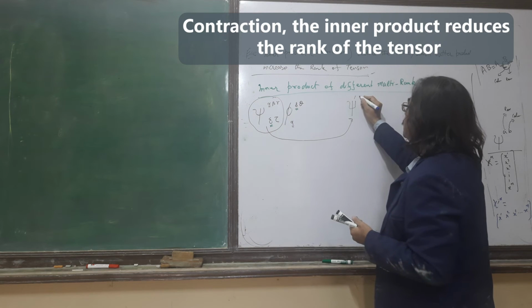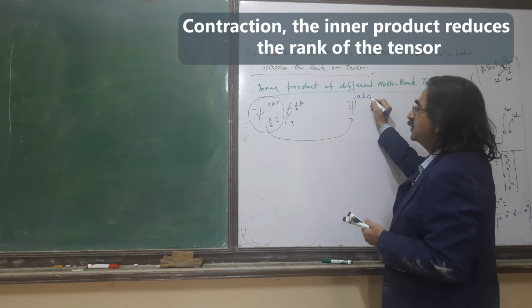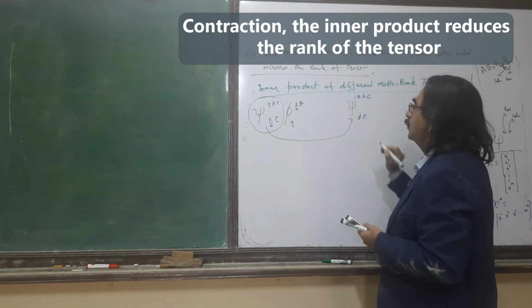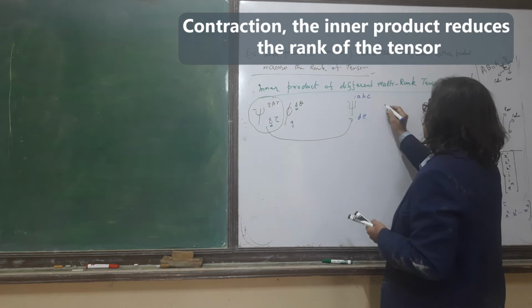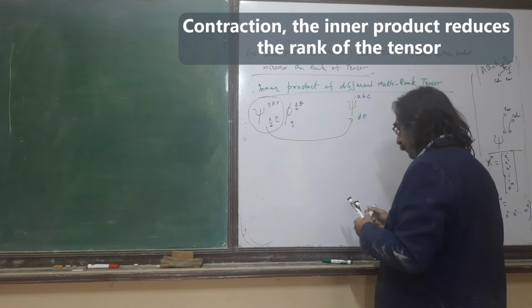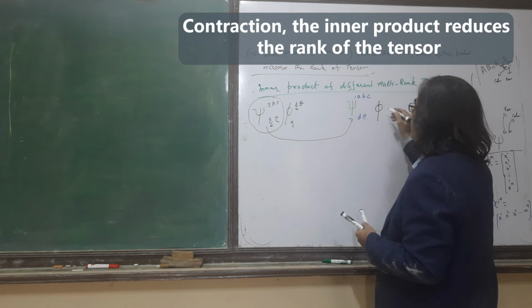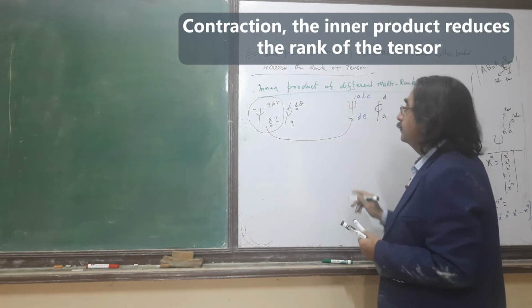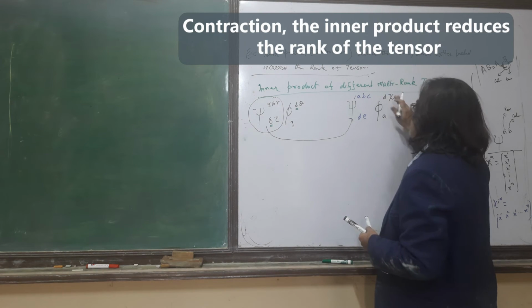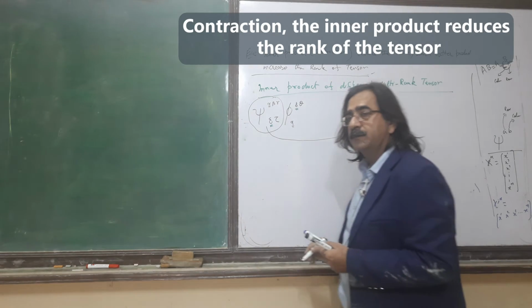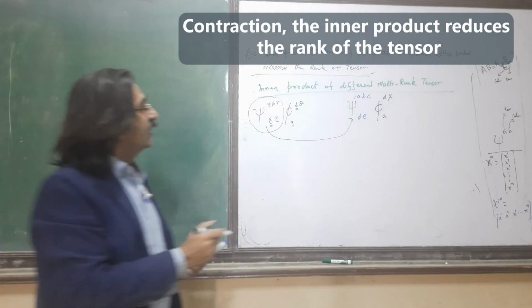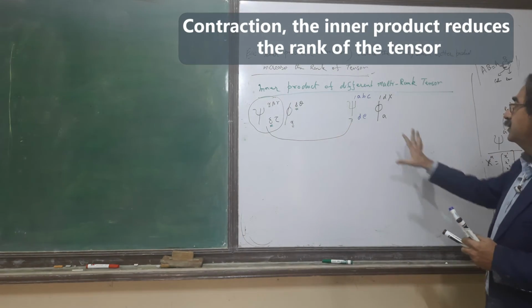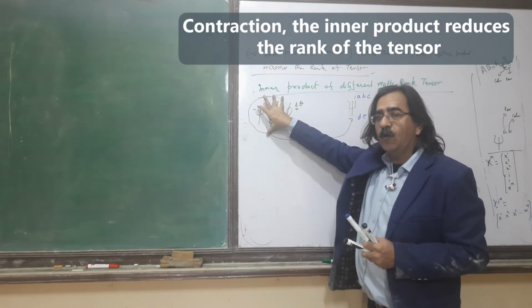Alpha is transformed to A, beta is B, gamma is C, sigma is D, and phi is E. For phi, sigma was D, alpha was A, and theta, let's suppose, is X. Got it? And these are the new variables. So this will be new, and this is in old space.